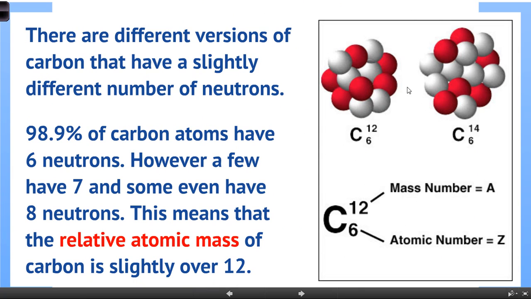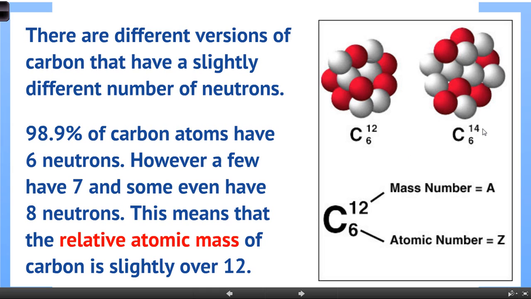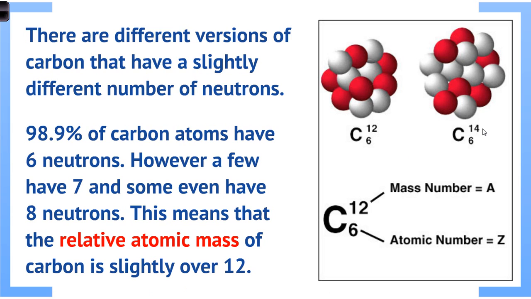Here on the left in this picture is carbon 12. It has 6 protons and 6 neutrons, so a mass of 12. This is carbon 14. It has a total of 14 protons and neutrons, so in this case it's got 6 protons and 8 neutrons.